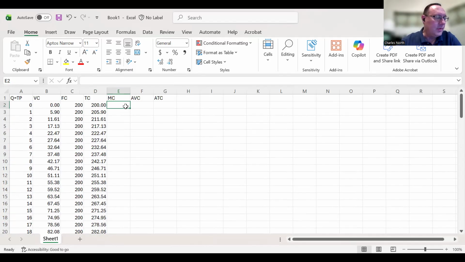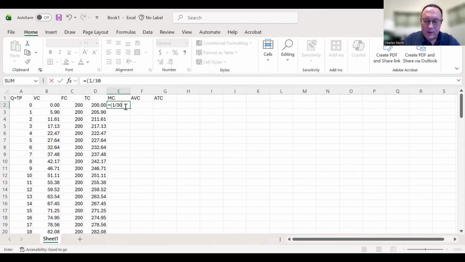For marginal cost, remember that's going to be the derivative of the total cost function, and it's given to you there on the sheet. It's 1 over 300 q squared minus 1/5 q plus 6. So we're going to again type a formula equals 1 over 300 times, again, it's A2 raised to the second power minus 1 over 5 times A2 plus 6.